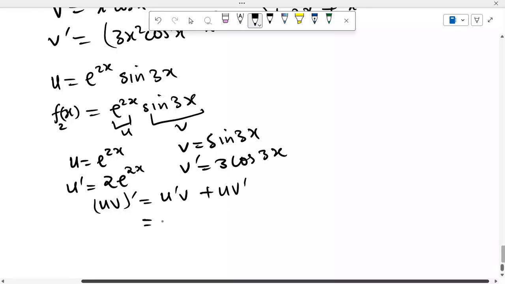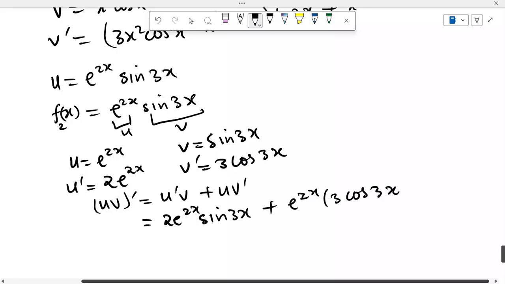So u prime is what? 2e to the power 2x. V is sine 3x plus u is what? E to the power 2x. V prime 3 cos 3x. Okay, so you can take out the e.